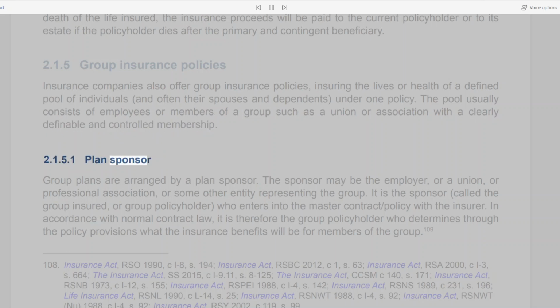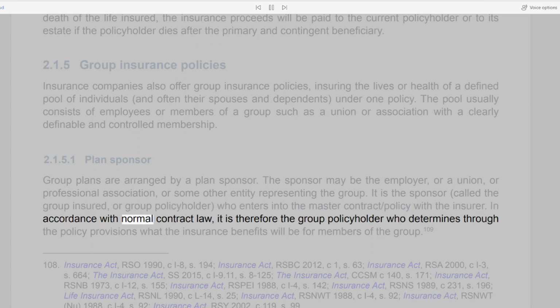2.1.5.1 Plan sponsor. Group plans are arranged by a plan sponsor. The sponsor may be the employer or a union or professional association or some other entity representing the group. It is the sponsor, called the group insured, or group policyholder, who enters into the master contract/policy with the insurer.